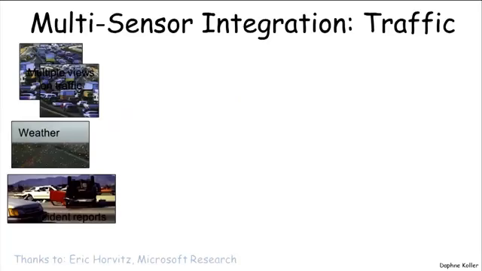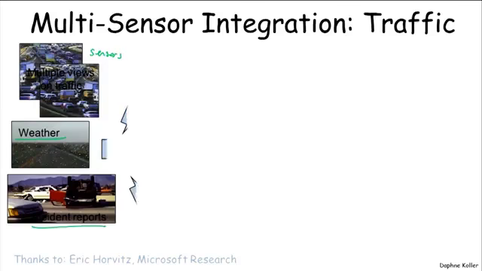A very different example altogether is one that integrates data from multiple sensors. This occurs in many applications. One such is for integrating data related to traffic from both sensors that we might have in the road or on the top of bridges, weather information, incident reports that we might get in some form.